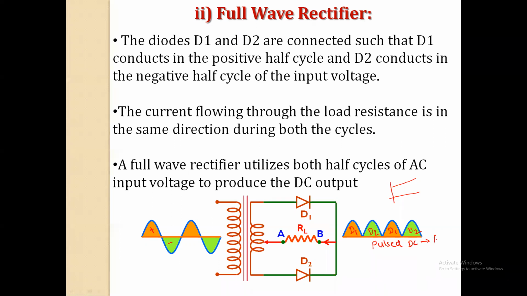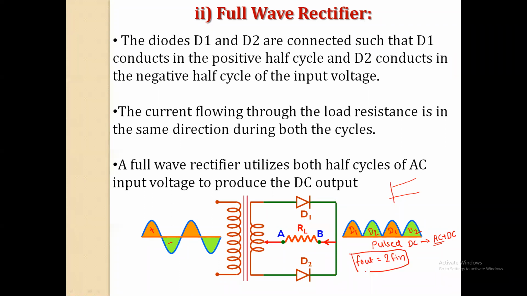The output of the center tap full wave rectifier circuit also consists of an AC component as well as the DC component. Then what is the frequency of the AC components present in that output? If you see that output waveform and that input waveform, definitely in the morning session we discussed that the frequency is double the input frequency.